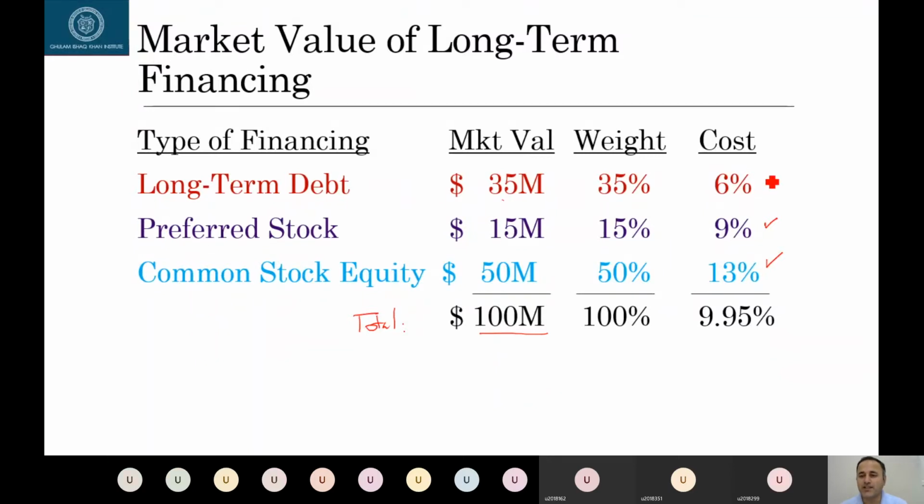From my previous slides, the cost of debt is 6%, preferred stock 9%, and common stock equity 13%. If I apply those weights, the weighted average cost of capital is 9.95%.